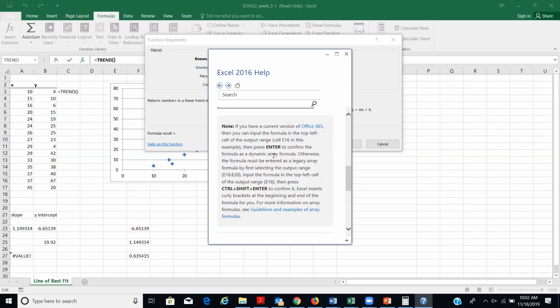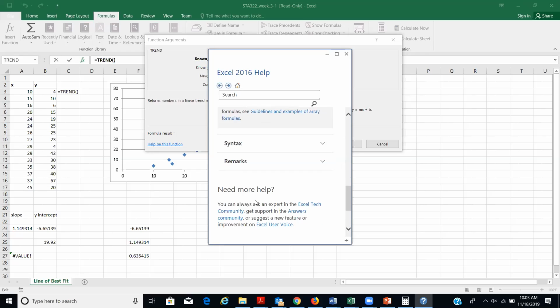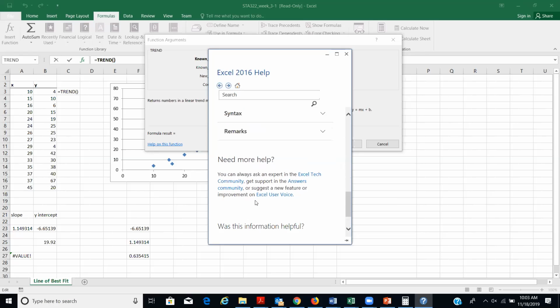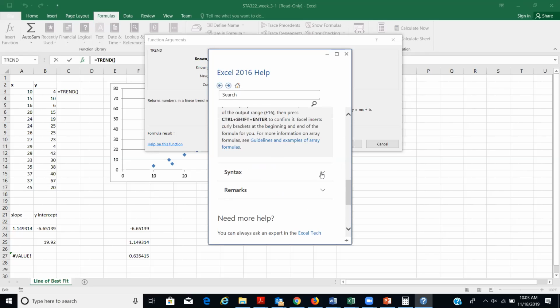Confirm the formula as a dynamic array formula. Otherwise, it must be entered as a legacy array. I'm not sure what that is. By first selecting the output and then input the formula in the top left cell of the output range. Confirm it. Okay. Not particularly helpful, is it?